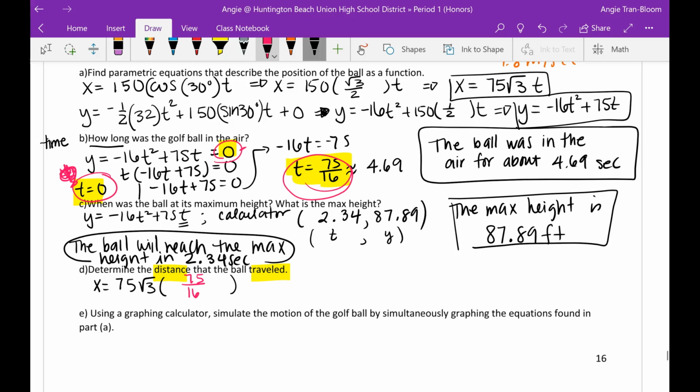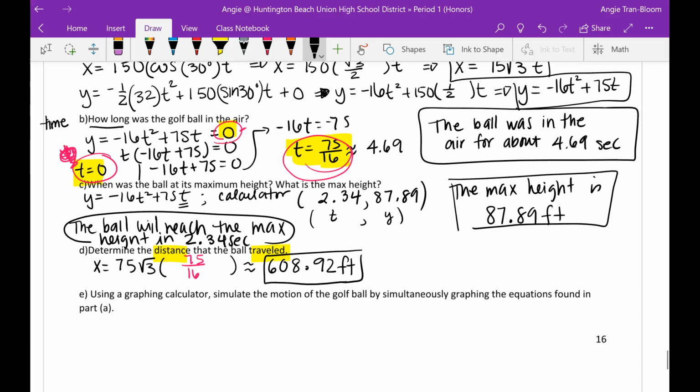Always use the non-rounded answer, so that when you round again, you are a little bit closer to the real answer. So when I punch it in my calculator, it gives me 608.92 feet. So the ball has traveled 608.92 feet in total.